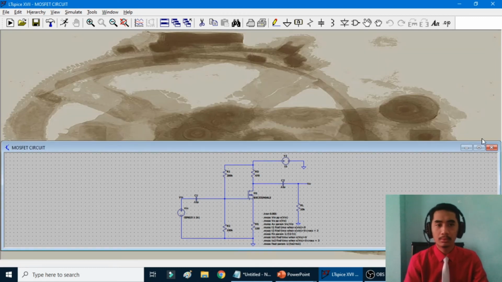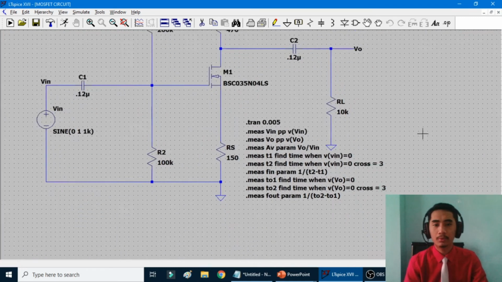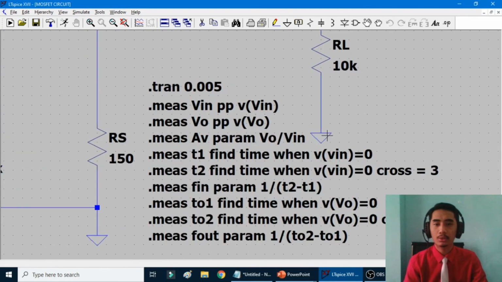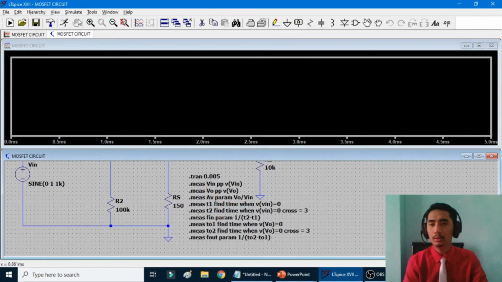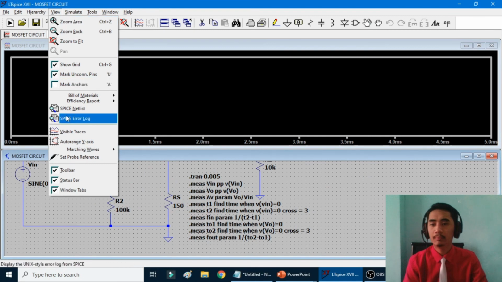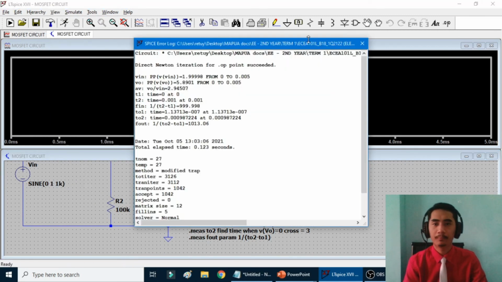Now, as we can also observe from our circuit, I used these measure commands to get other values from our circuit. To get those, we will simply click run and view the spice error log.